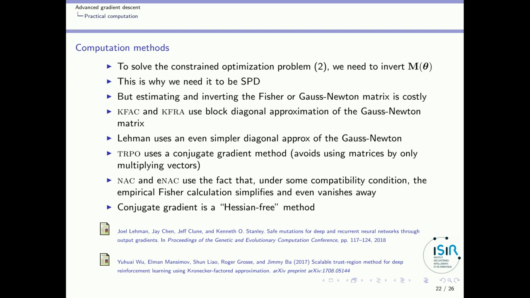So in fact, in practice, there are many algorithms that are doing something approximate rather than doing that precisely. That's the case of the K-FAC and K-FRA algorithms, where instead of using the complete matrix, you will use a block diagonal approximation of the Gauss-Newton matrix. This is also the case in that particular paper from Joel Lehman, Jeff Clune, Ken Stanley, etc.